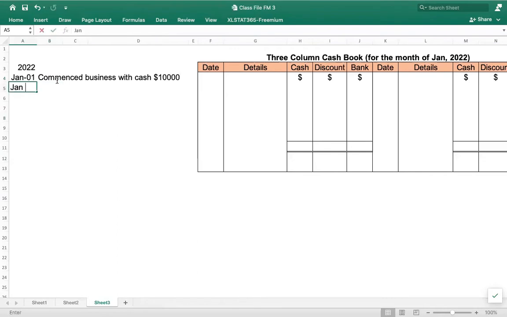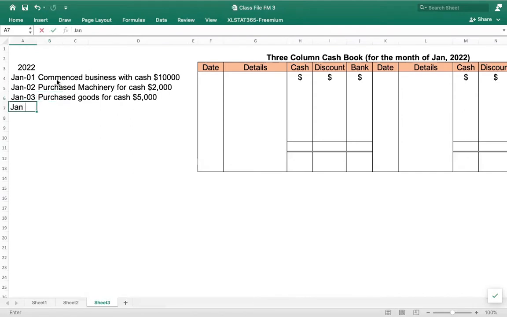Jan 2nd, purchased machinery for cash $2,000. Third one, purchased goods for cash, let's say 5,000.